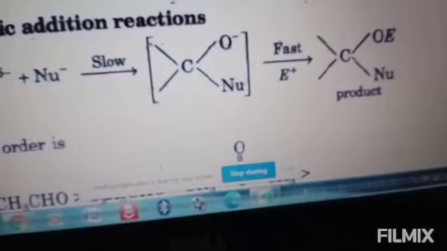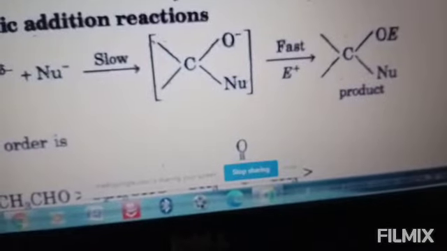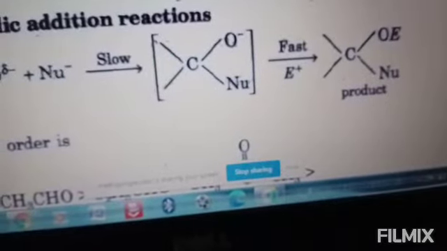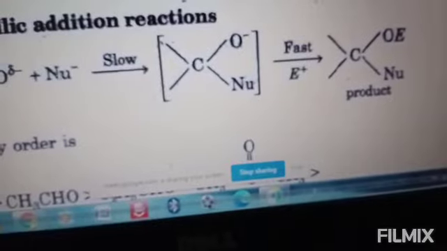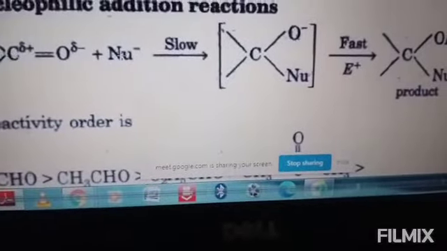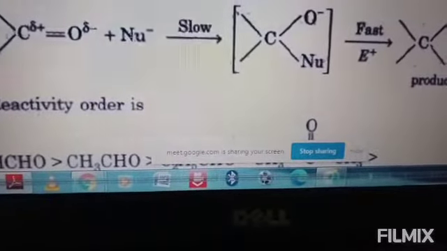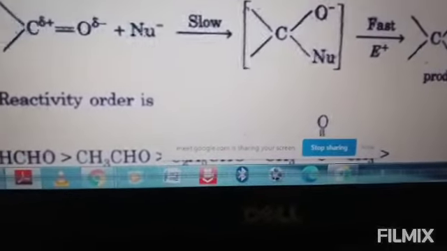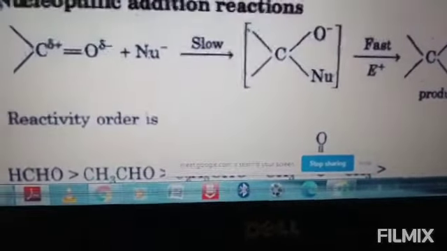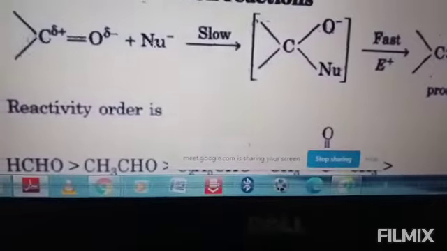That means here it will have two steps. In nucleophilic substitution reactions, we have already discussed that if it is one step, then SN2, and if it is two steps, then SN1. So it is of SN1 type.